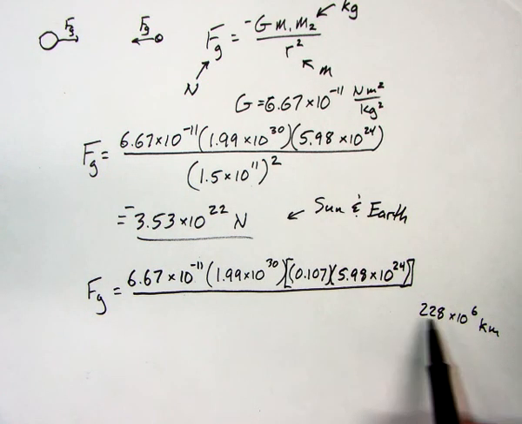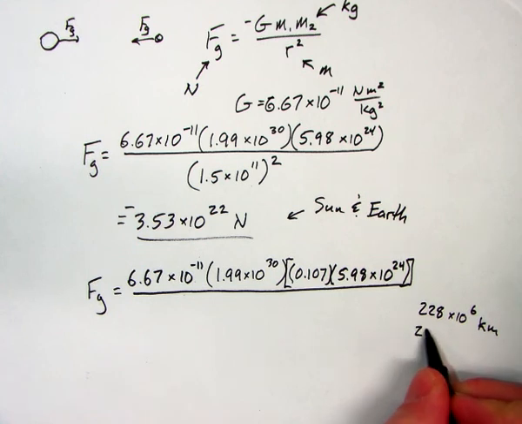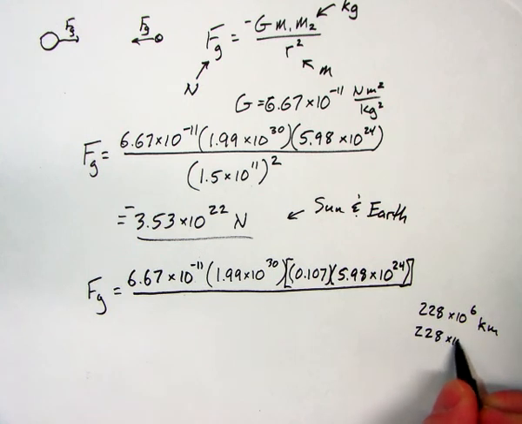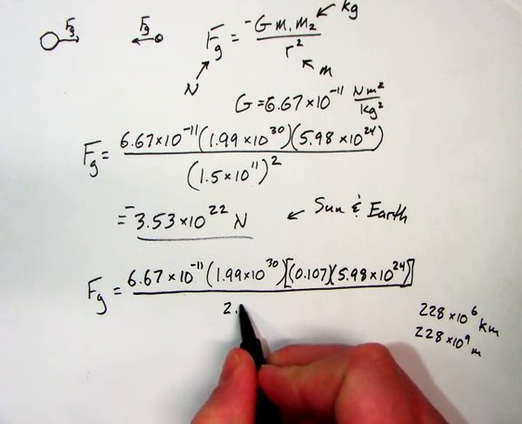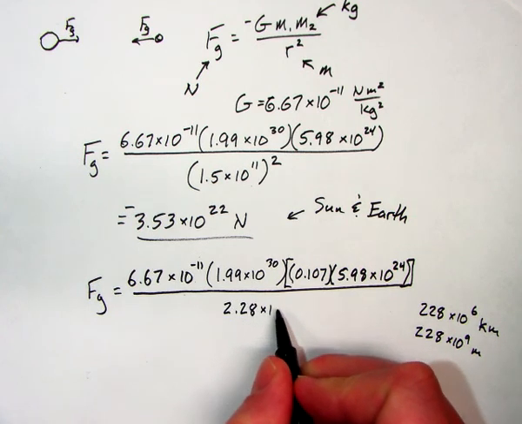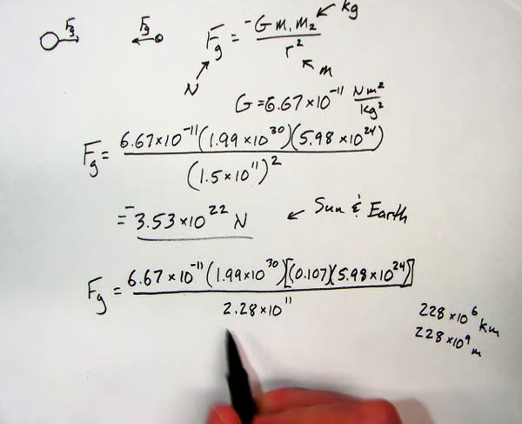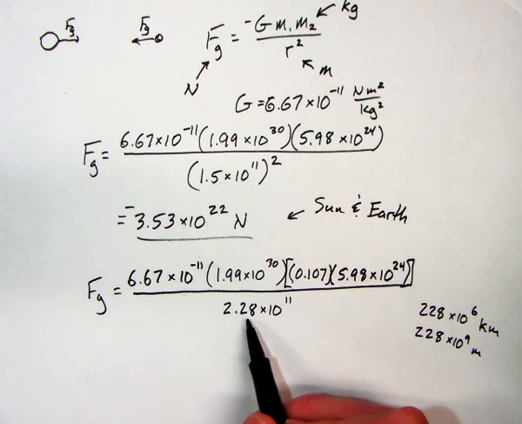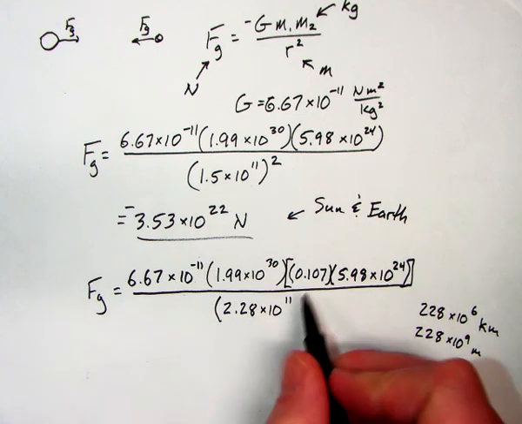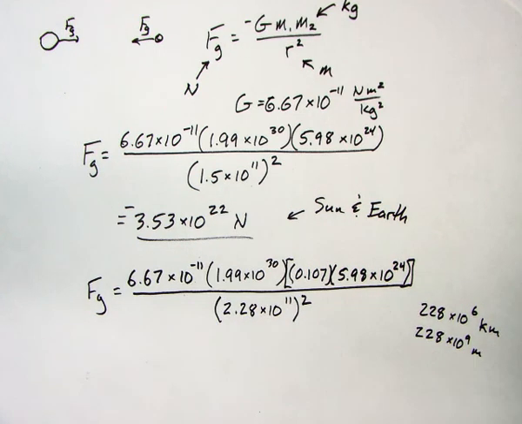So, in order to convert kilometers to meters, I can call it 228 times 10 to the 9th meters, or I'm going to choose to write it as 2.28 times 10 to the 11th. You can see it's farther from the Sun. That's no surprise. And don't forget to square the denominator.